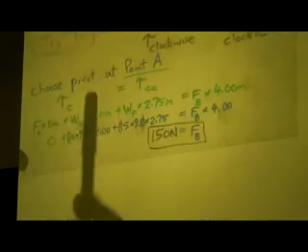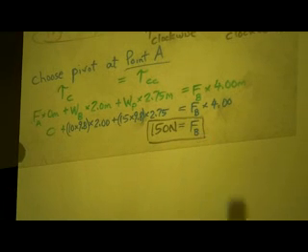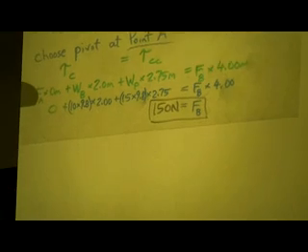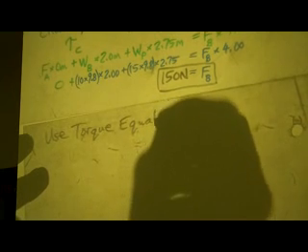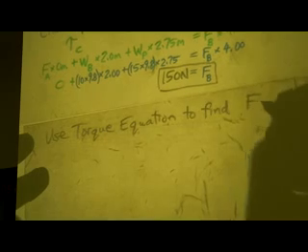If you don't know what I'm saying, don't worry. I'm just going to use the torque equation to find the force at A as well. So use torque equation to find the force at support A.